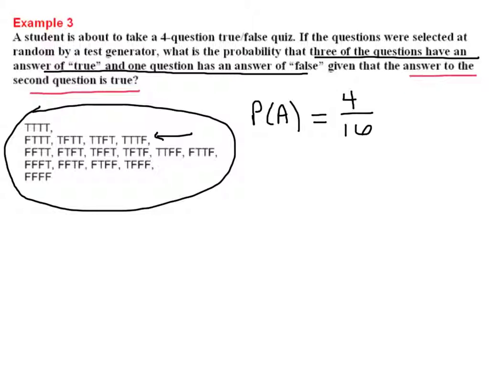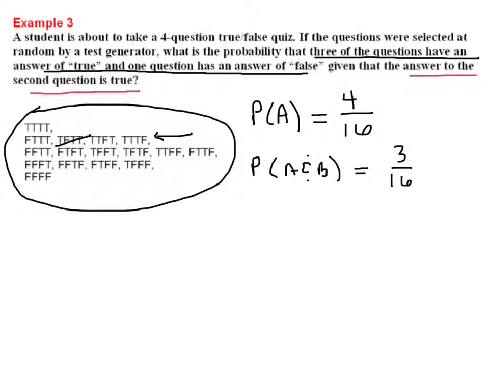However, the probability of A and B, so that is that the 3 questions are true, but that the second question is true, is only 3 out of 16. And the reason for that is that I now need to exclude this event where the second question is false.